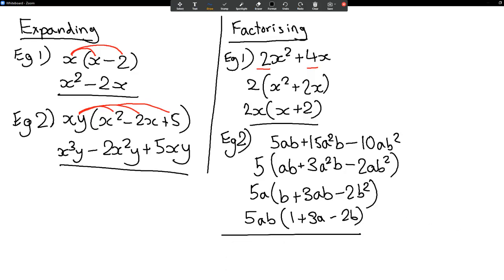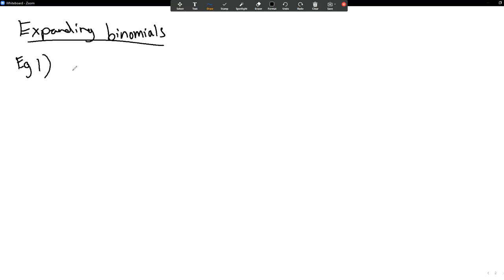So, what happens when we want to start expanding more complicated brackets? So we call this expanding binomials. Like that. And this is when you have two brackets like this. x plus 2, x plus 3.